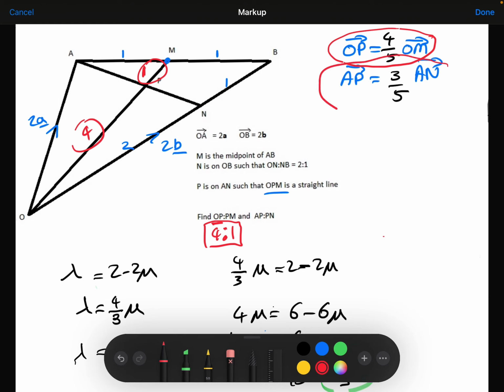Whereas this is saying that AP is 3/5 of AN, 3/5 of the whole thing. Which means that this is 3 parts and this is 2 parts. So the ratio of AP to PN is 3 to 2. And we're done.